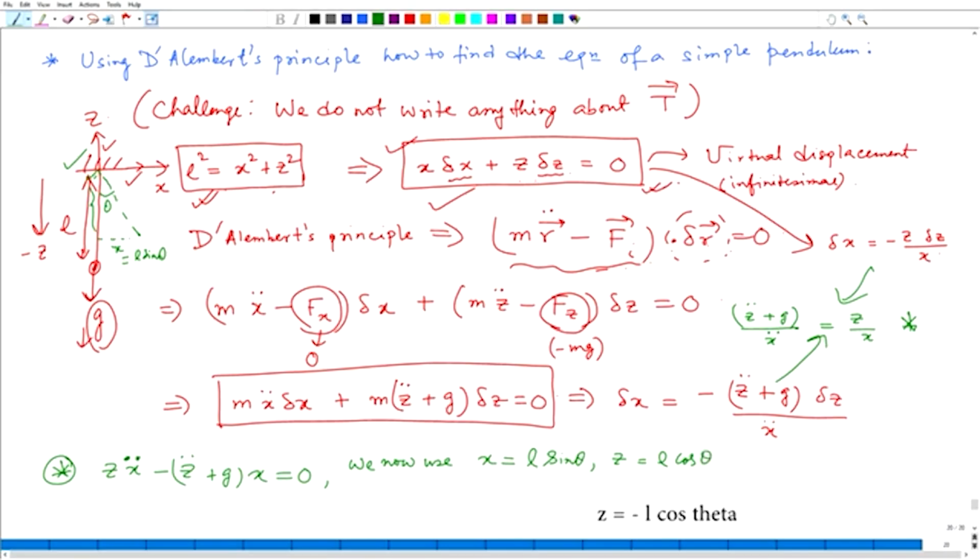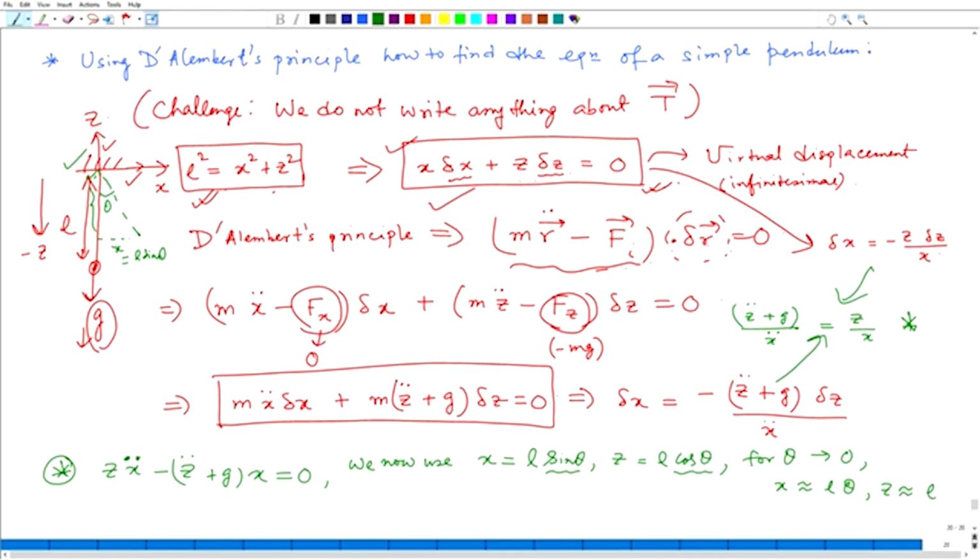For theta tends to 0, x will be L theta because sin theta tends to theta and cos theta tends to 1. So, z will be simply tending to L, which is a constant.